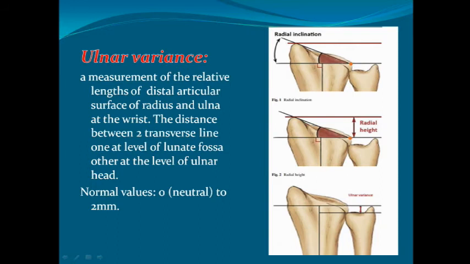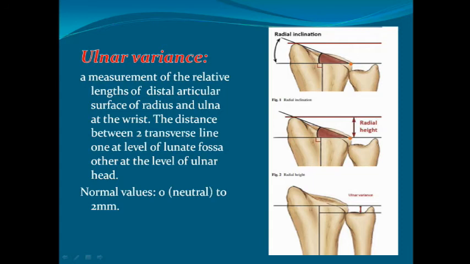Now coming to ulnar variance. What is ulnar variance? The third picture you can see. It is the relative length of the distal articular surfaces of the radius and ulna at the wrist. So it is the difference between the articular surface of the radius and ulna. You draw two lines, one at the level of the lunate fossa and the other at the level of the ulnar head or the distal ulnar articular surface.